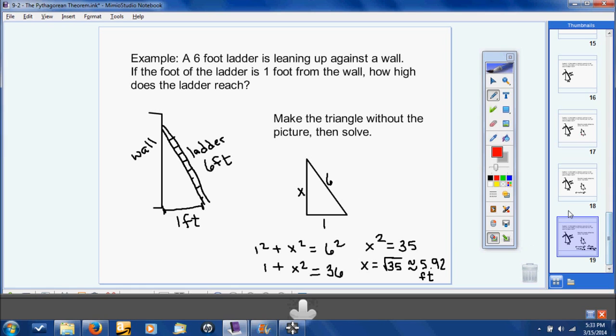So that's just a practical problem. Let's get that written down. So x squared is 35, so x is the square root of 35, or 5.92 feet.